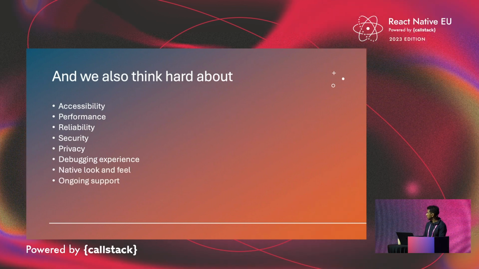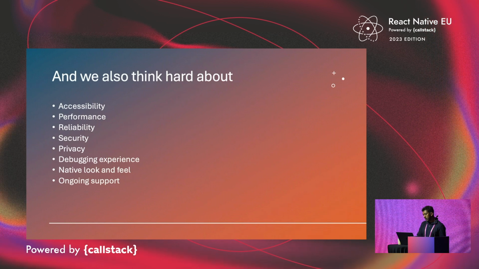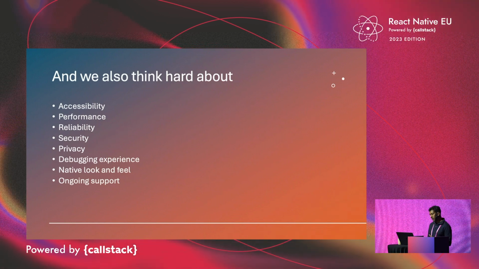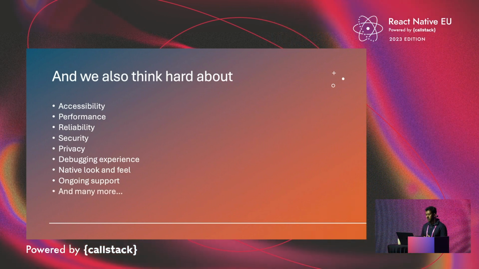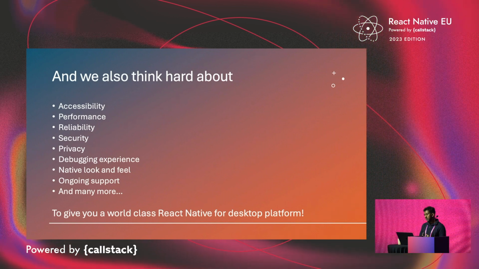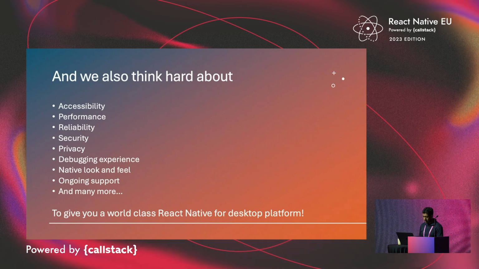Native look and feel is super important, as well as ongoing support for the versions of the desktop platforms that are currently in market. And many more things like that. So all of that basically gives you a world-class React Native for desktop platform that you can use to ship your applications.